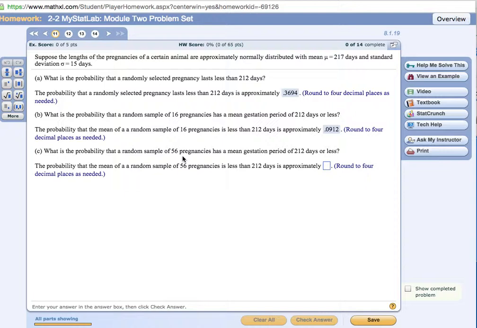So, okay. Take 15 and divide it by the square root of 56, and I'm coming up with 2.00446.